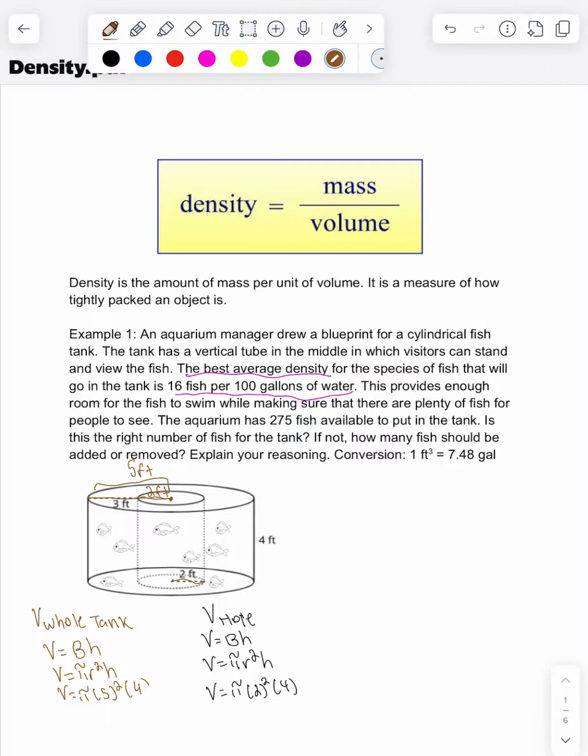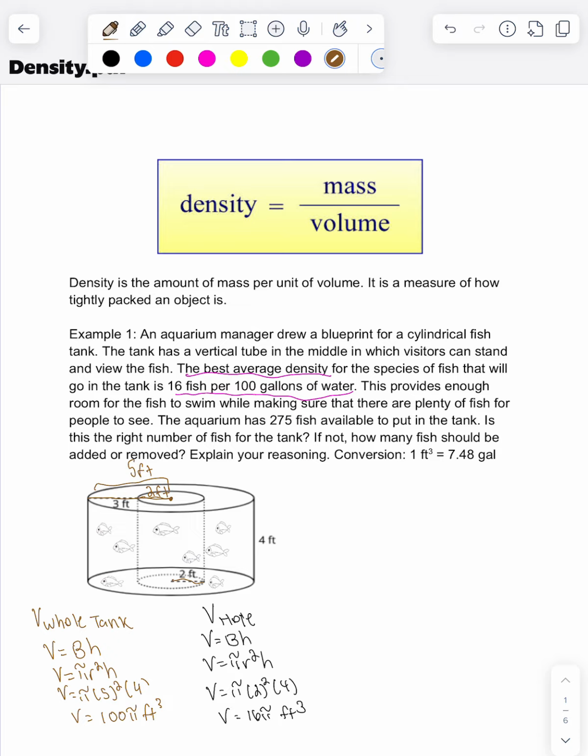Everything is in feet. So here we have 100 pi cubic feet, and here we have 16 pi cubic feet.